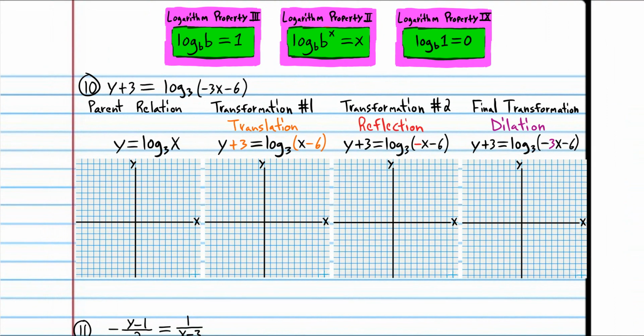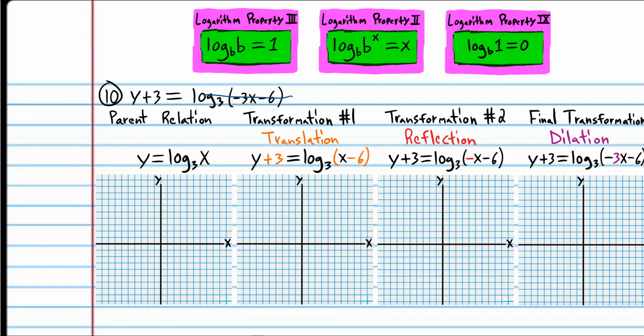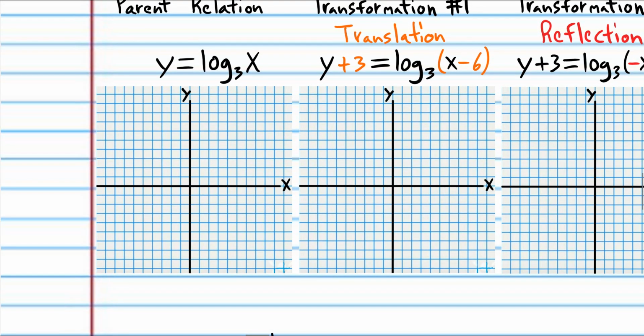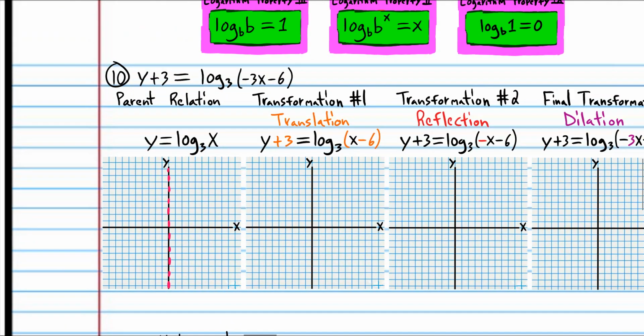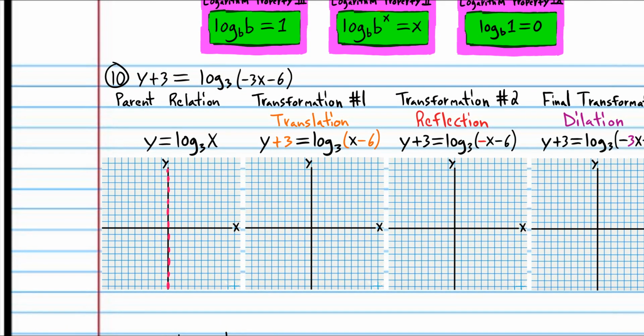So here we have a logarithmic equation, and the base of the log is 3, so obviously we're going to start with a parent logarithmic relation with the base 3. And remember, the logarithmic relation has a vertical asymptote. If you look at your library of relations, there's always that vertical asymptote.